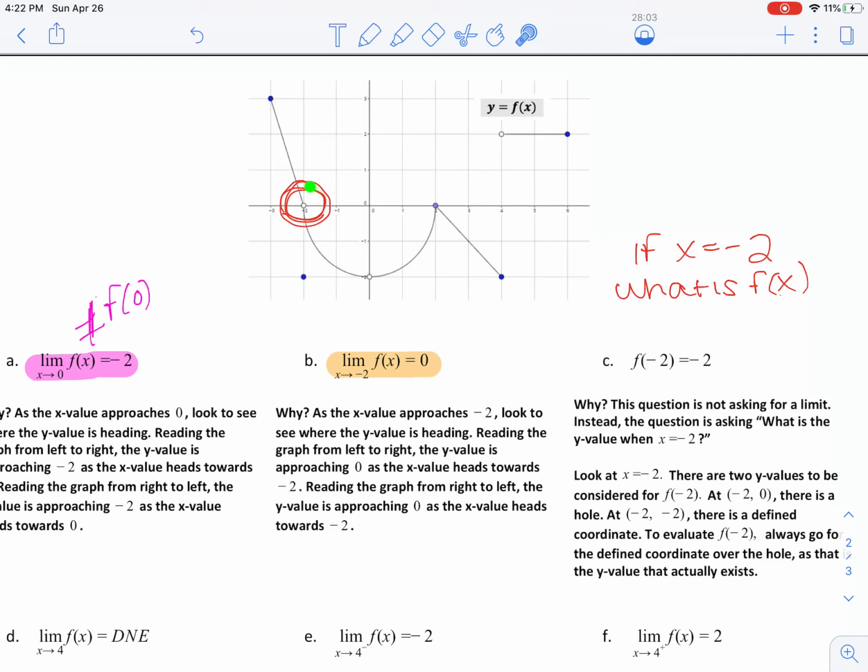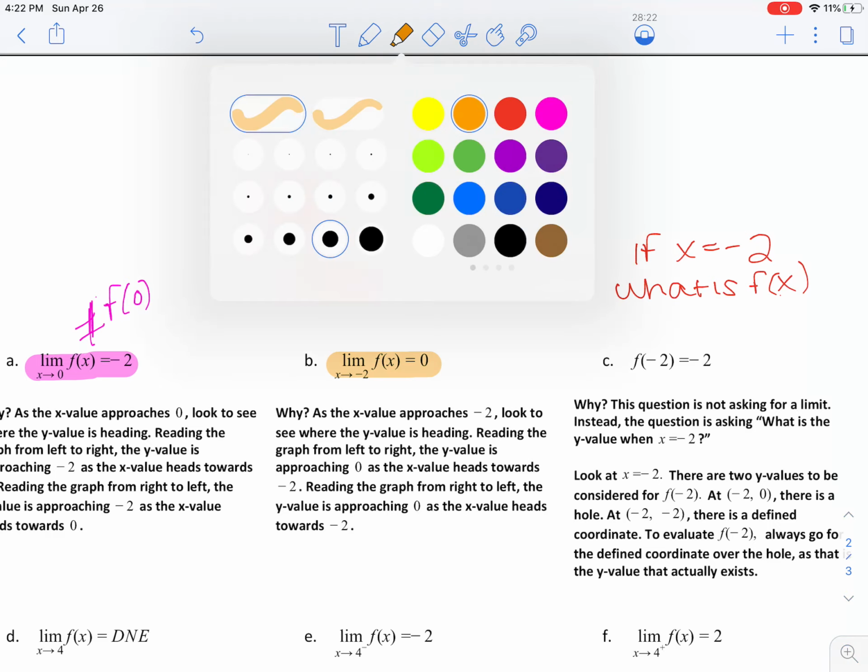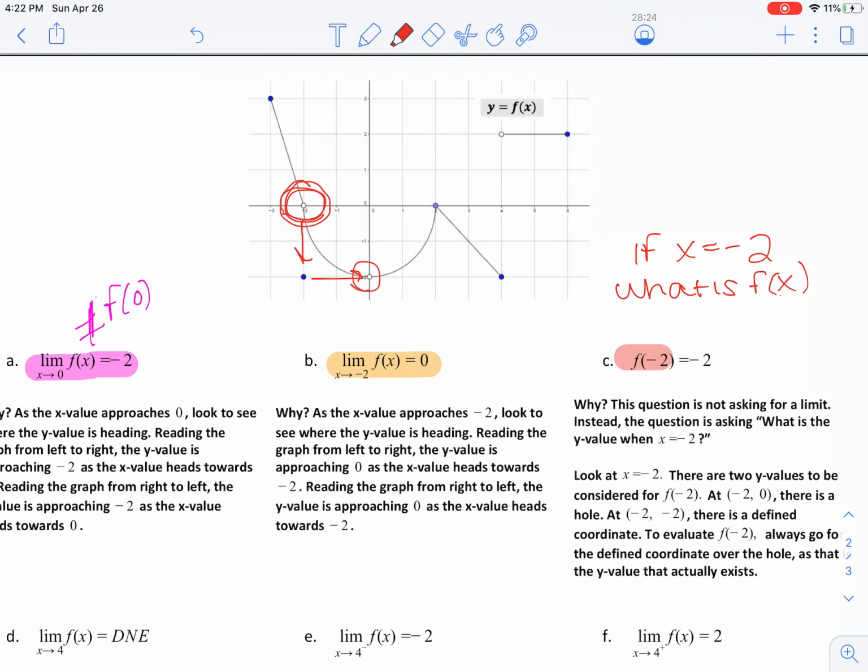Because it is not filled in right here, we know that it's undefined at that point. Okay, so our y value is not going to be 0. It's actually going to be wherever that point is placed. And you can see that it's at a y value of -2. So here we can say that f of -2 is equal to -2.